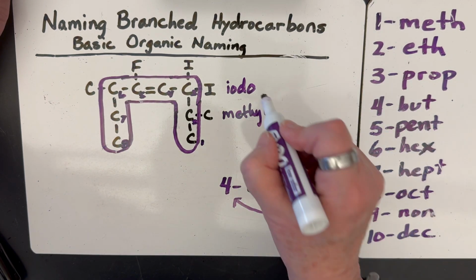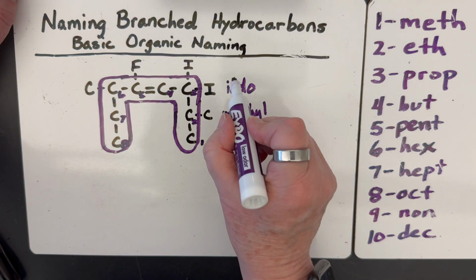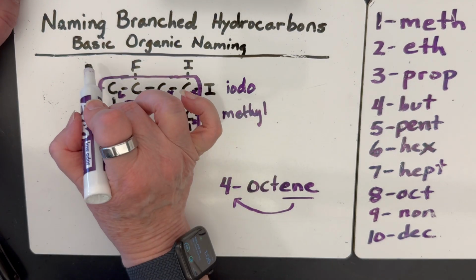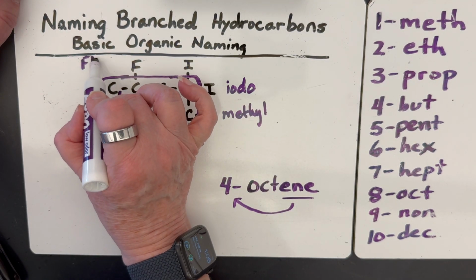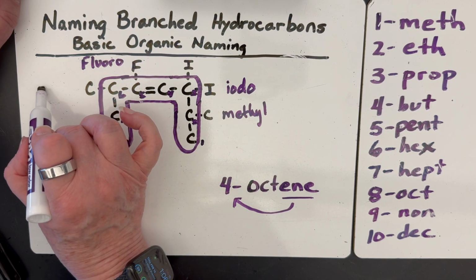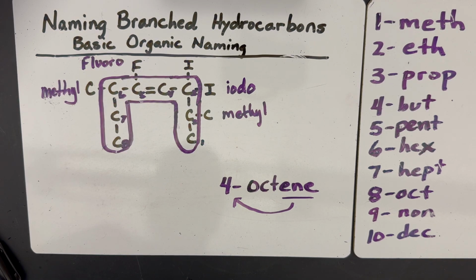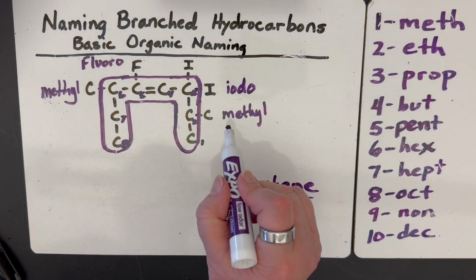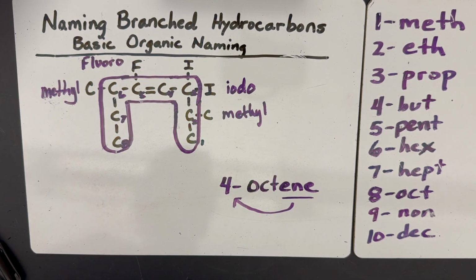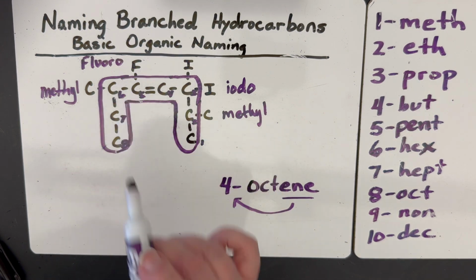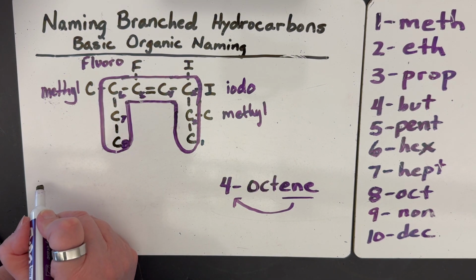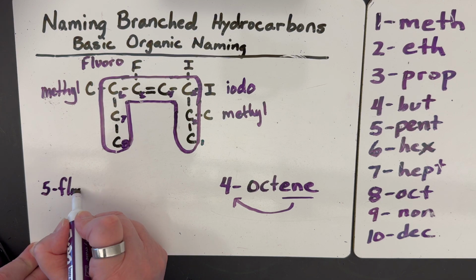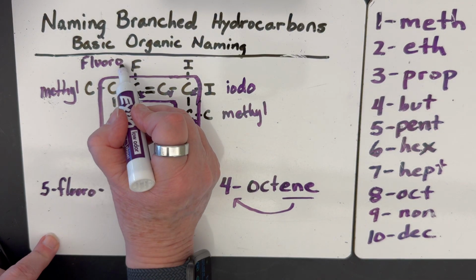Take off the INE, put an O. We have another iodo. We have a fluoro, and we have another methyl. So alphabetically, we have M, I, and F. F is going to come first. So numbering from here, it's on carbon 5. So we are going to have 5 fluoro. So that takes care of that one.